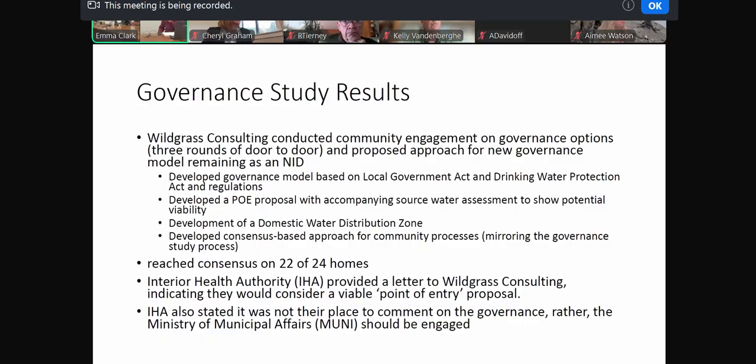So one of the key things with the governance model that I'm proposing is, I want to be really clear, there's no moving away from the requirements of the Drinking Water Protection Act. I'm not talking about any lenience on that at all. And so one of the key things is the Drinking Water Protection Act allows point of entry, right? It allows point of entry.